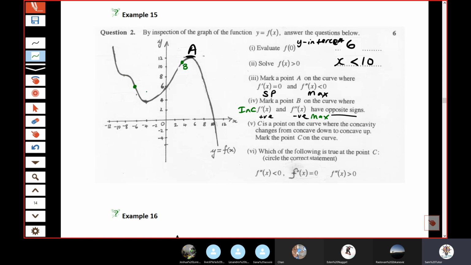So I think right there, it is changing concavity from a sad to a happy. This one here? Yeah, this is changing from a happy to a sad. Yeah, other way around.